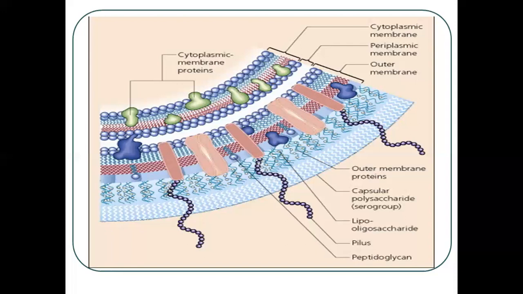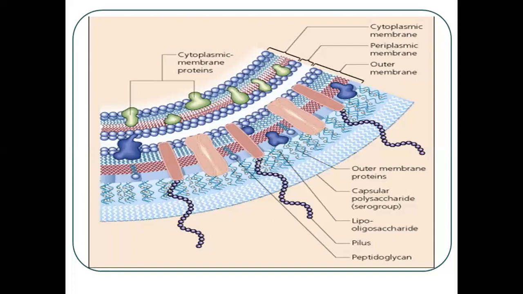If we move ahead to the upper right corner, we have the outer membrane, the cytoplasmic membrane, and in between the outer membrane and cytoplasmic membrane, we have a space which we call the periplasmic space. Based on this information, we can decide that this is an organism which has a periplasmic space.